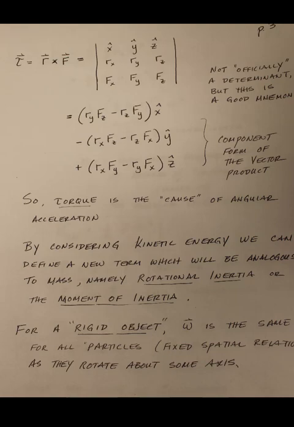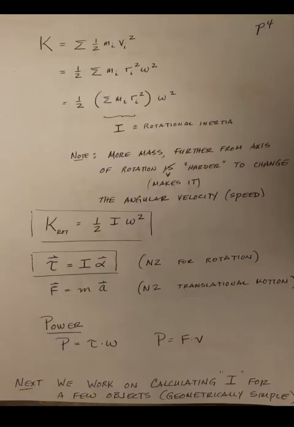Well, then the angular speed would be constant. And so here on page 4, we can rewrite the kinetic energy for a system of particles. Factoring some things out that are constant, factor out the 1/2 from the summation, and factor out this constant angular speed squared, what's left we're going to define as the rotational inertia.